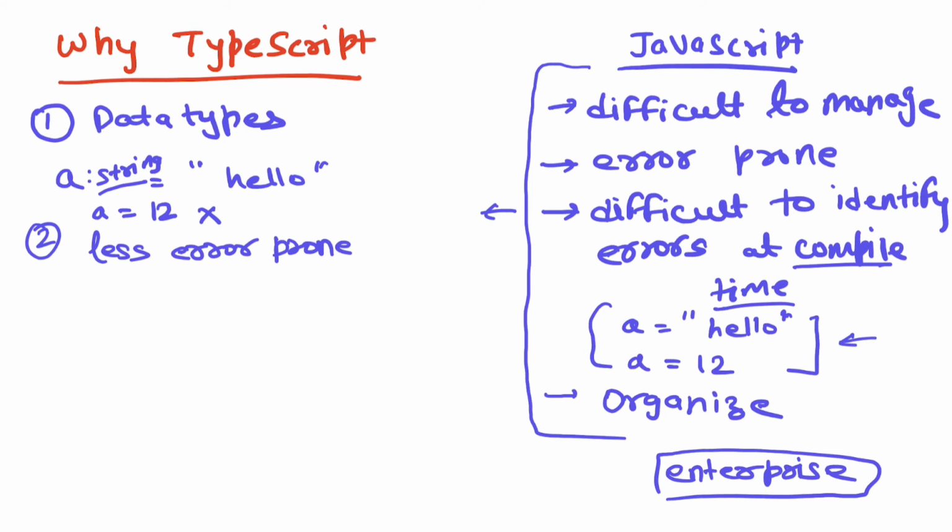It also gives you certain other features. It has the concept of classes and interfaces, so you can create your JavaScript programs in an object oriented fashion. If you're familiar with Java or any other object oriented programming language, you can write your JavaScript code using classes and interfaces in an OOPS manner. This helps you to organize your code better.